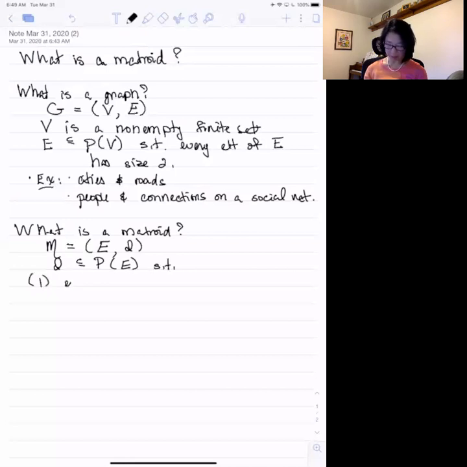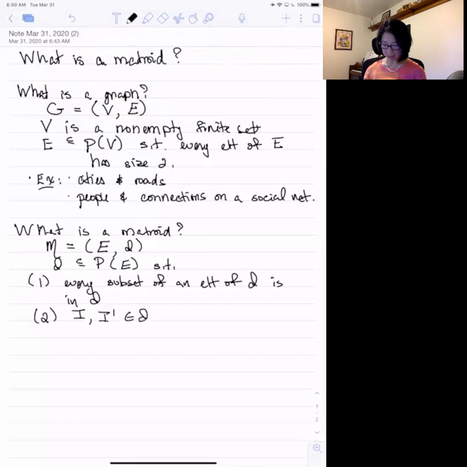One, every subset of an element of script I is in script I. And 2, that weird property that says that if I have 2 elements of script I and one has more elements than the other, then there exists something in the bigger set that I can throw into the little set.